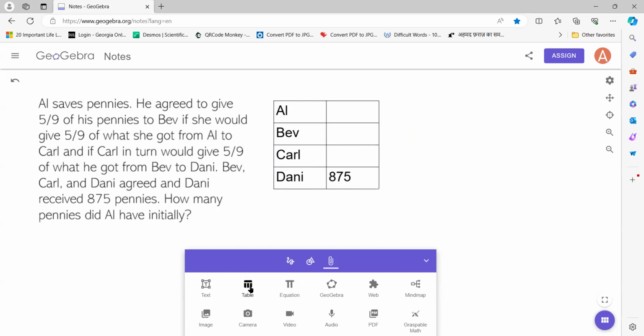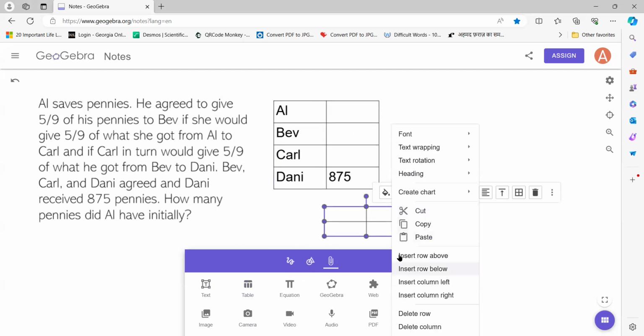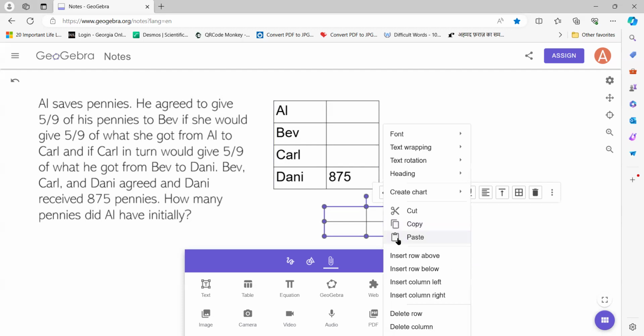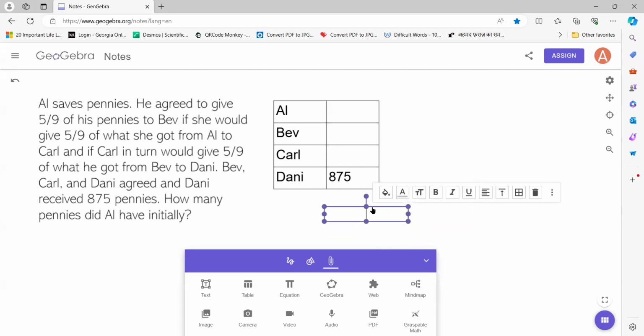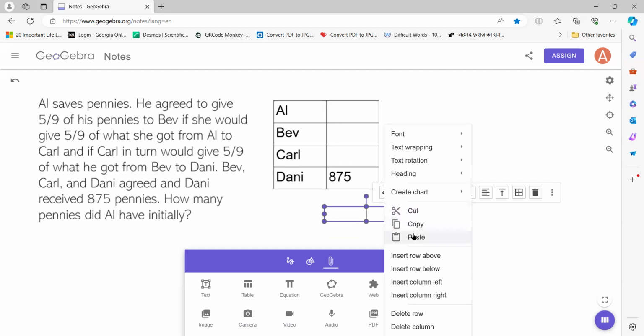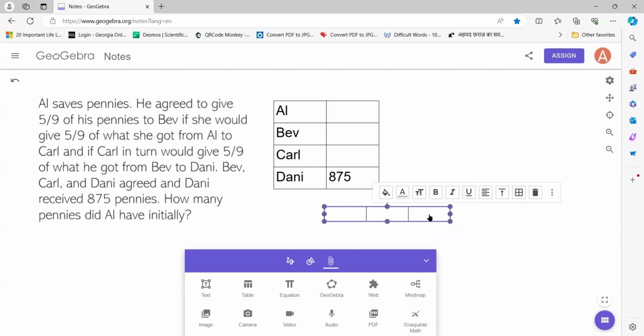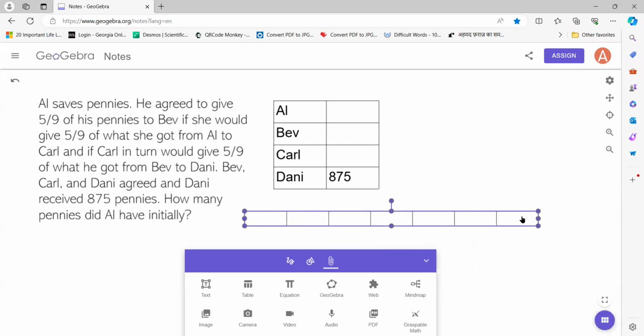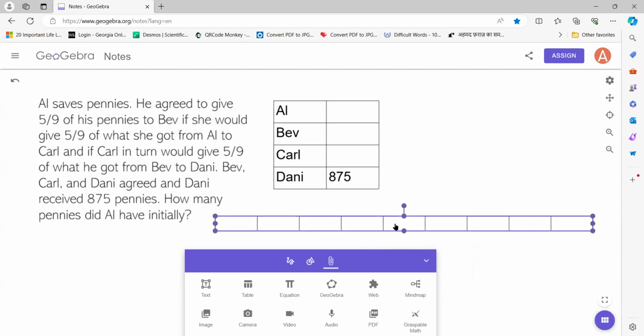So I'm going to make another little fraction strip.